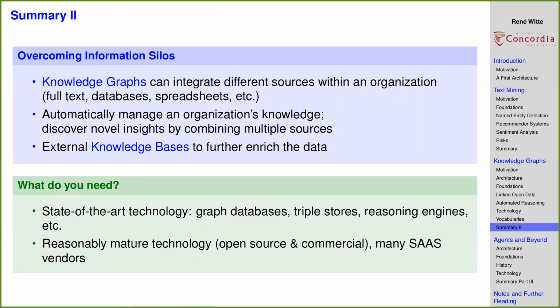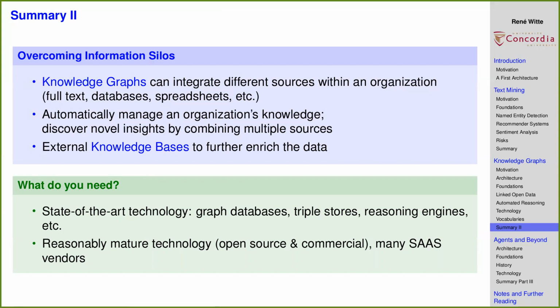So this brings us to the end of the second part of the introduction. The core idea here that I showed you is the idea of a knowledge graph, what a knowledge graph is and what you can use it for example, for integrating different sources of knowledge in an organization.